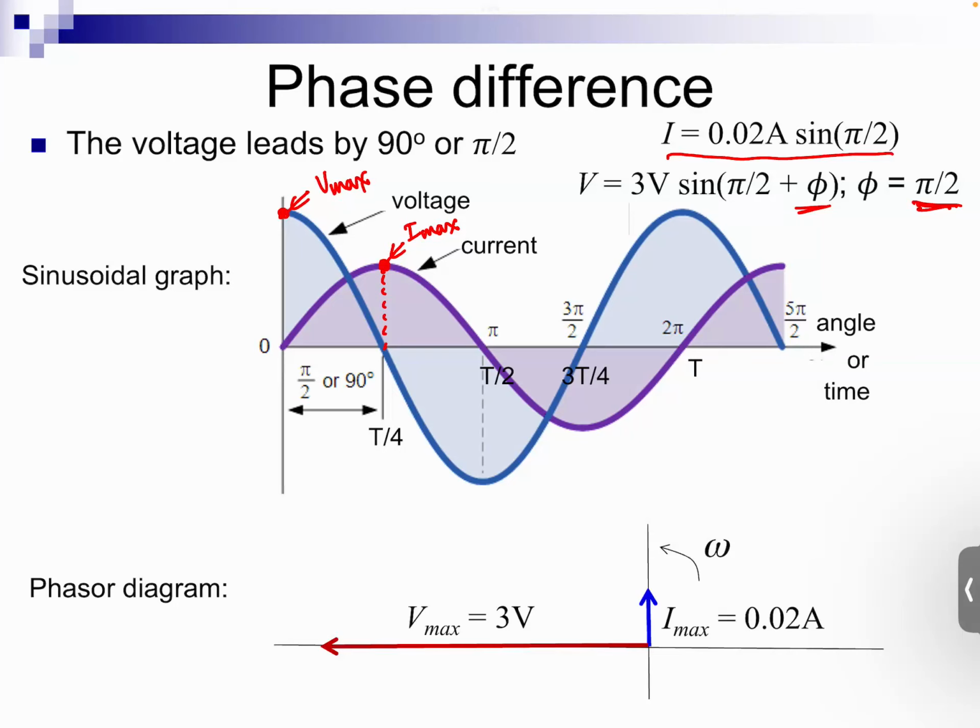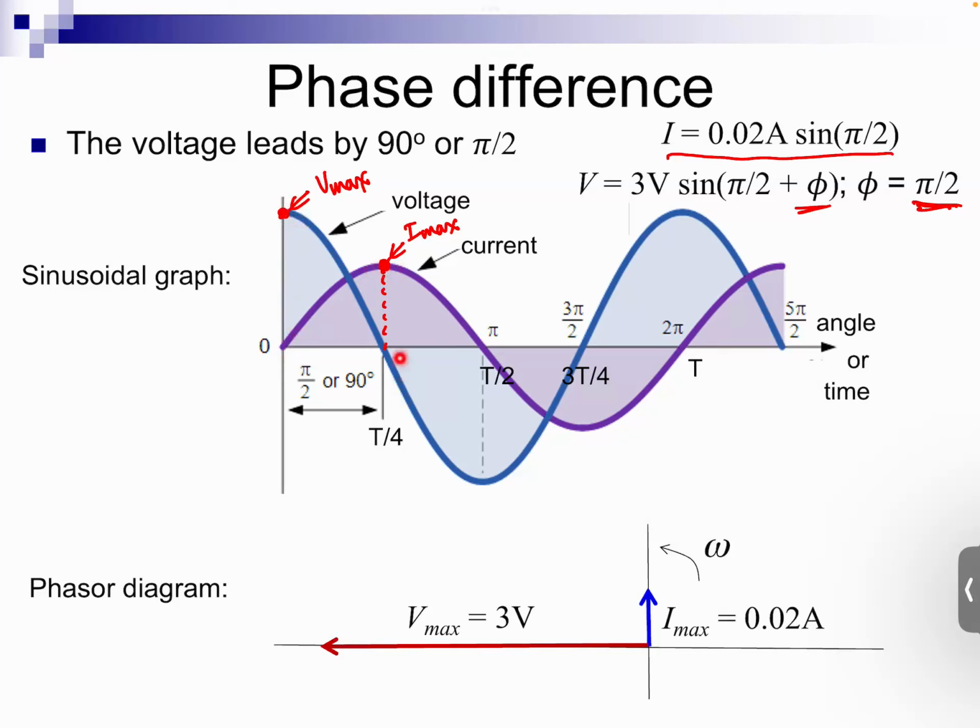Okay. So this is the phasor diagram. The voltage is leading the current by 90 degrees. This is the corresponding sinusoidal graph that is the same as this phasor diagram. You have the voltage leading the current by pi over 2. We know that the voltage is leading because at time t equals 0, the voltage is maximum first.